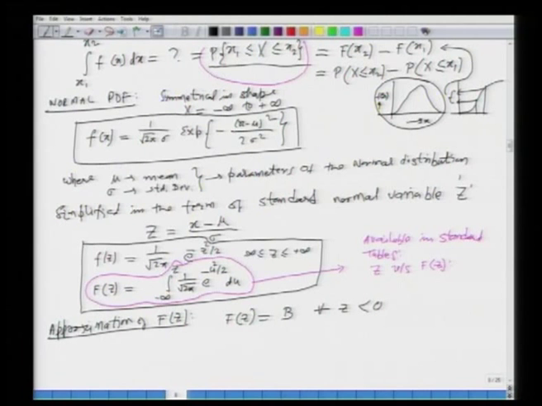As you see, from the value of z here, you are subtracting the mean. So, z will have both positive and negative values. So, for the negative values of z, F of z is given as b, and it is given as 1 minus b for all values of z which are greater than or equal to 0.